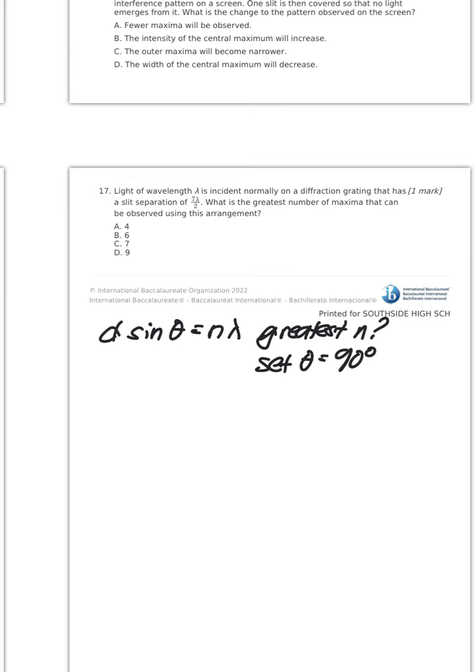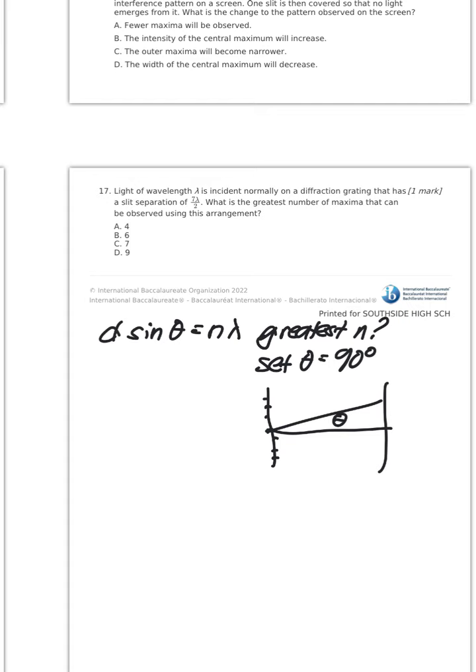Because 90 degrees is, rather the angle, I should say, when we're talking about the diffraction grating, and then we have the screen, and then there's the center line. We're talking about this angle here, that goes to all of the different maxima. It's like n equals 1, n equals 2, n equals 3, fourth maxima, fifth maxima.